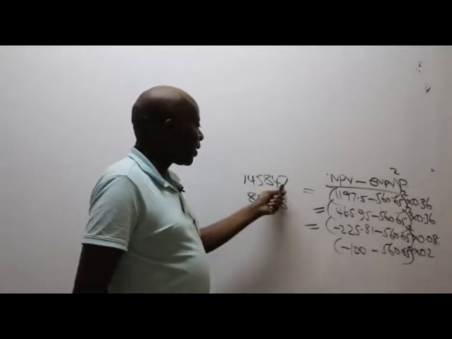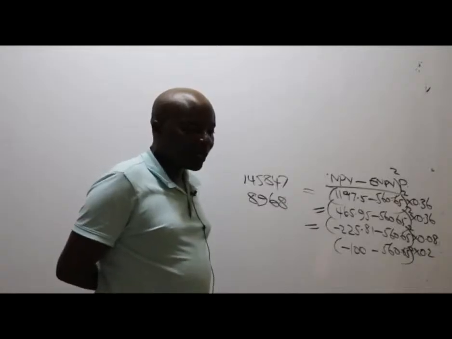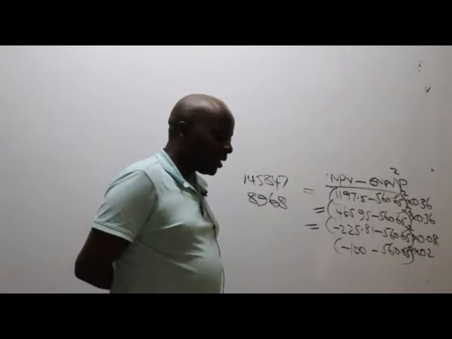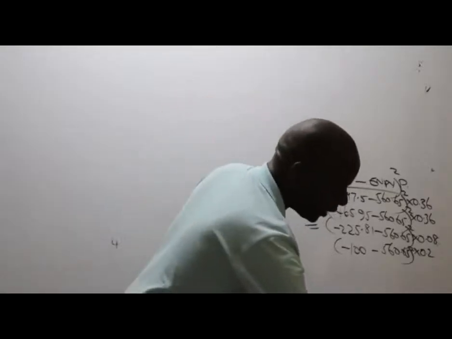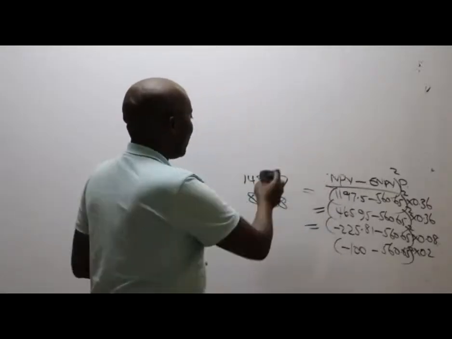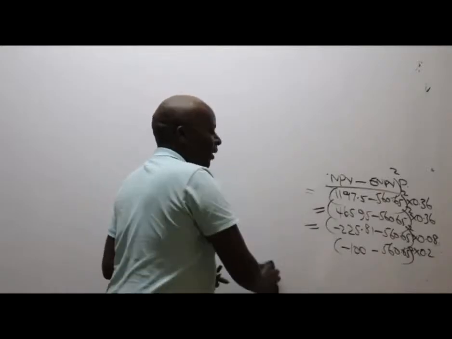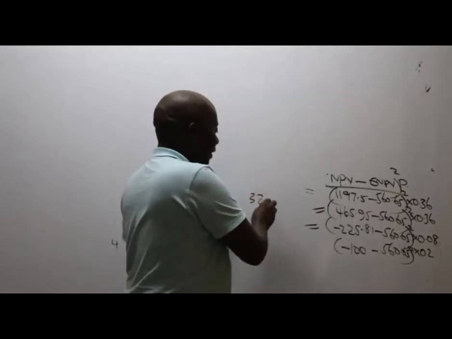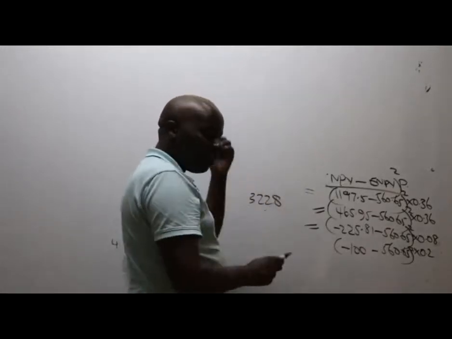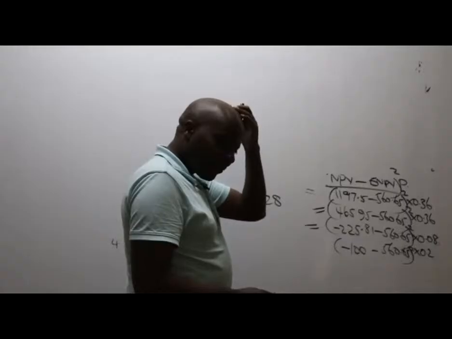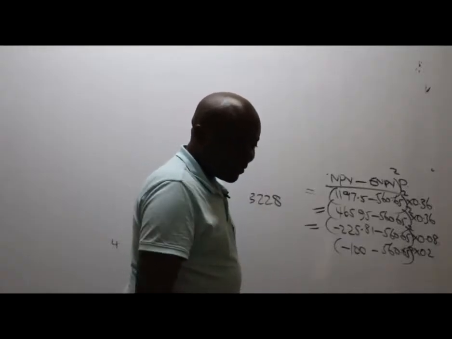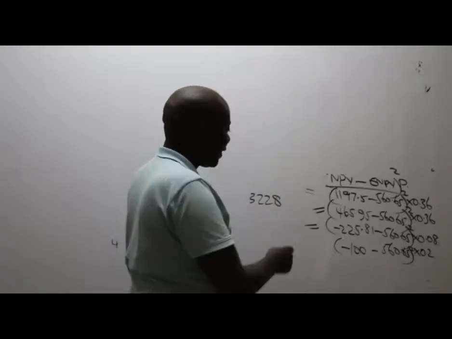Okay, we start from the first one. Is the first one correct? 146,008. So it means that today, for the first time, Sue has cheated me. No worries. The second one is 3228. How about the first one? 145,847.